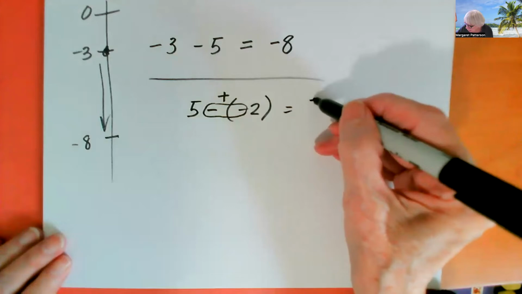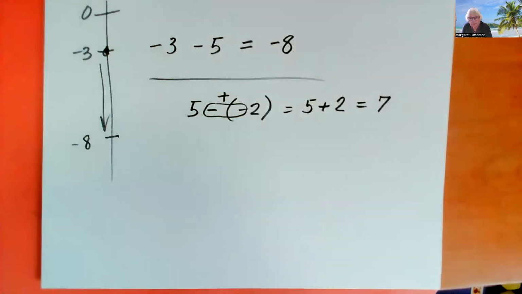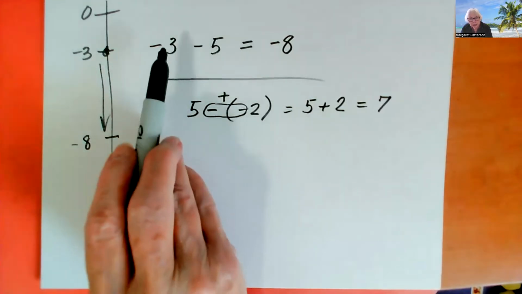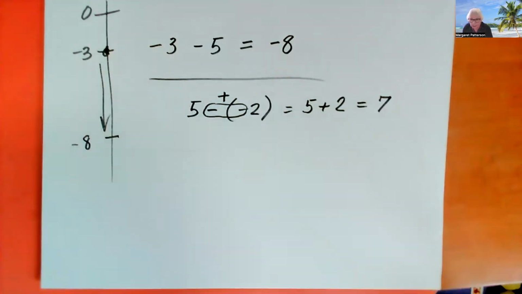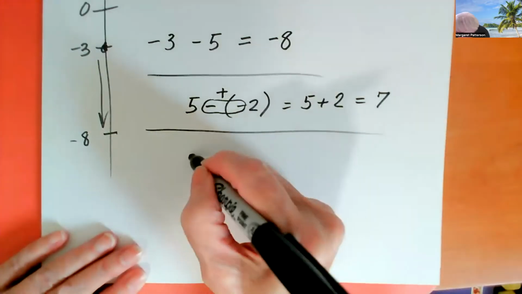So it's going to be 5 plus 2, answer 7. So we're switching our subtracts to add, unless it's just like this, and you say, wait a minute, I know what's going on.